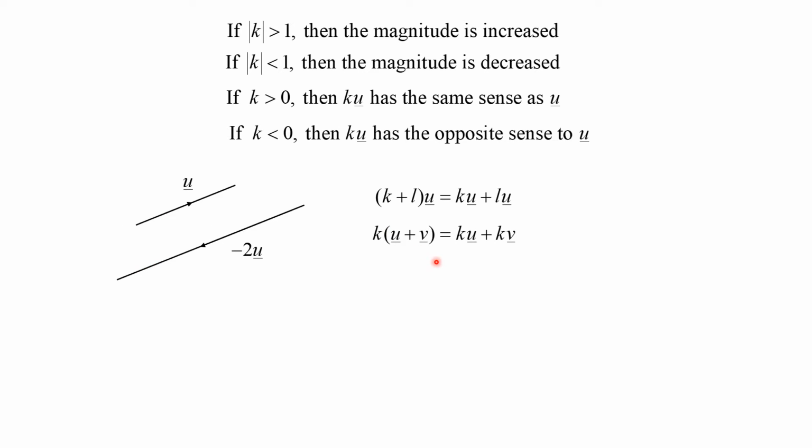And according to the distributive law, if it's K plus L multiplied by vector U, you can split it and multiply K and L to U individually and add them up, and it should be equal. Same goes with K multiplied with U plus V. You can individually multiply the scalar K with U and add it with multiplying K with the individual vector V. When you rearrange it, it should be the same result.